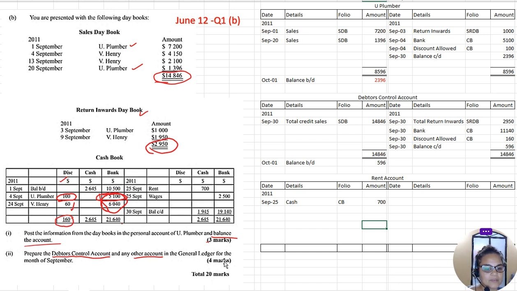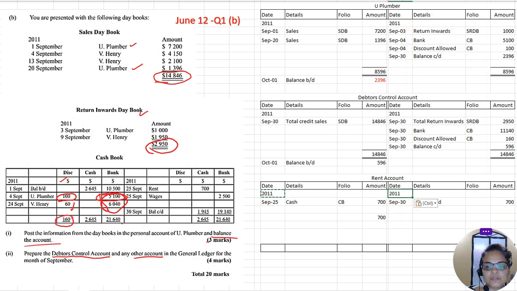Now, they didn't say to balance the account, but if you have time, you can balance the account. 700. You know that, no, this is an Excel problem here. It's 2011, so September the 30th. We'll have the balance carried on. And you will have 700, right?